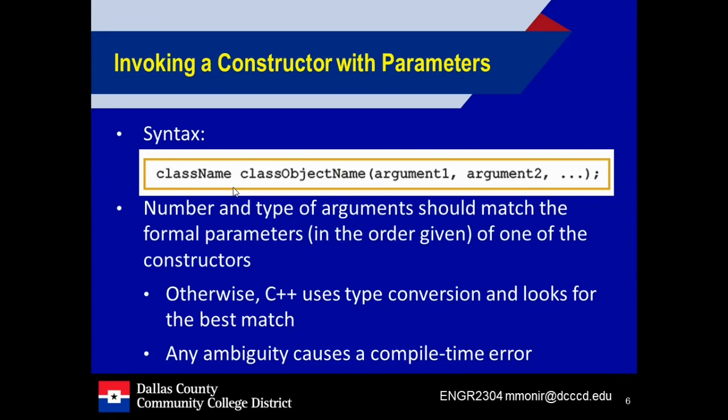And if we have to set the values using another constructor, in that particular case we write the class name followed by the class object name, and then we pass the different arguments, and this way we invoke a constructor which has parameters. The number and type of arguments should match the formal parameters of one of the constructors. This is applicable to all functions.